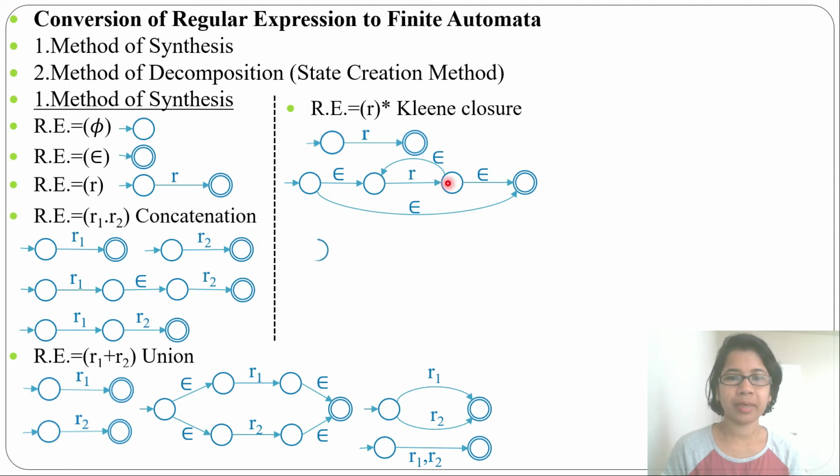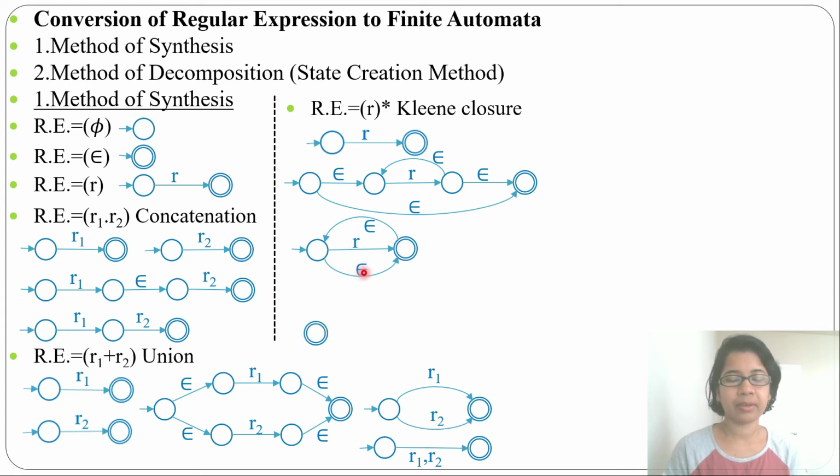You can also simplify this. Rather than this epsilon and this epsilon, you can remove these two and simplify like this. This is R and this epsilon is for repetition. Then you can add another epsilon for the epsilon transition. Now it will accept epsilon, then R, then 2R, 3R like this. And you can also remove this epsilon.